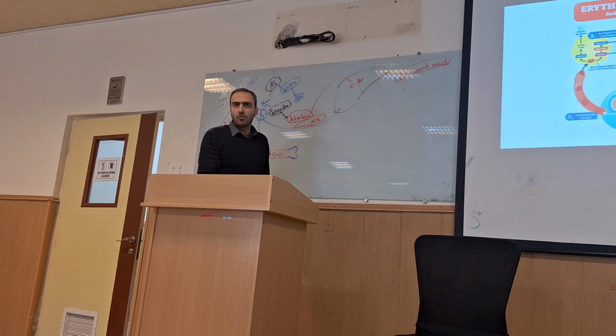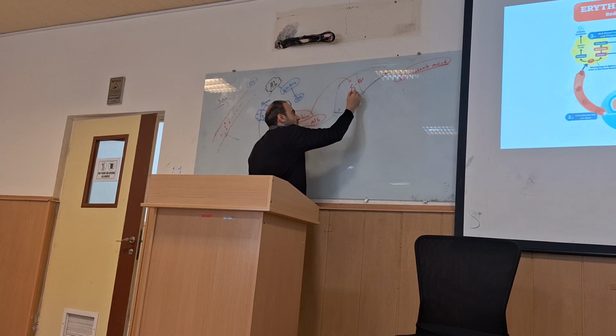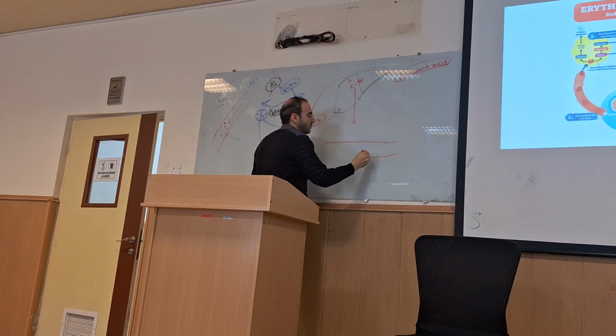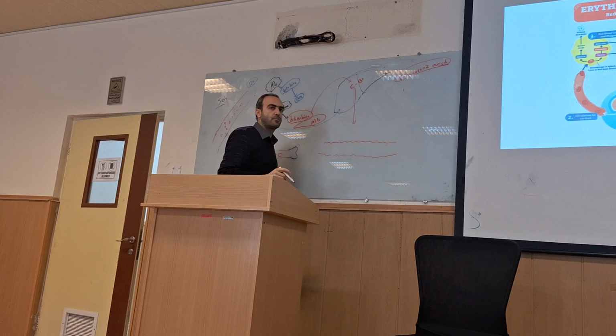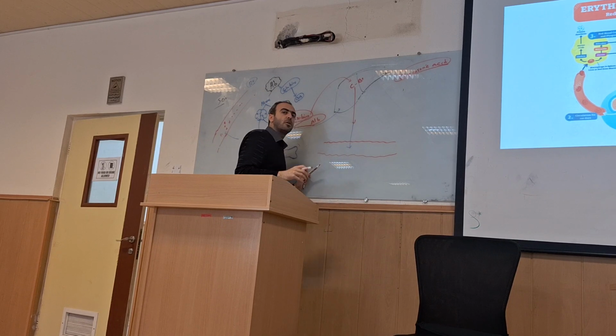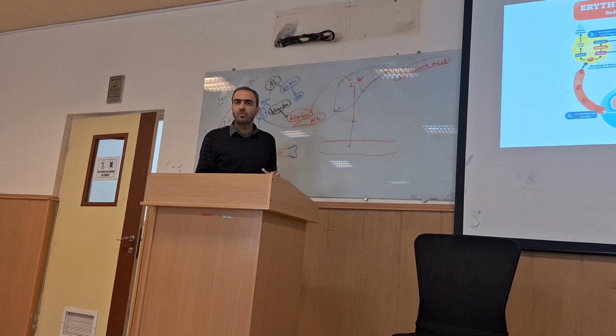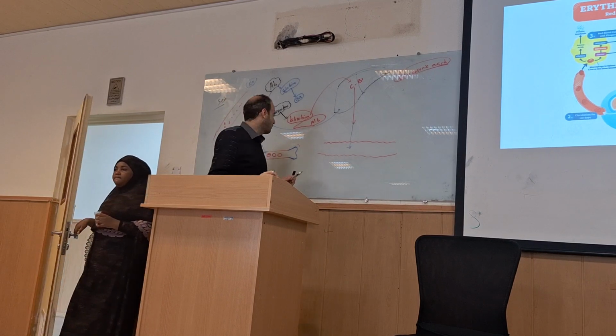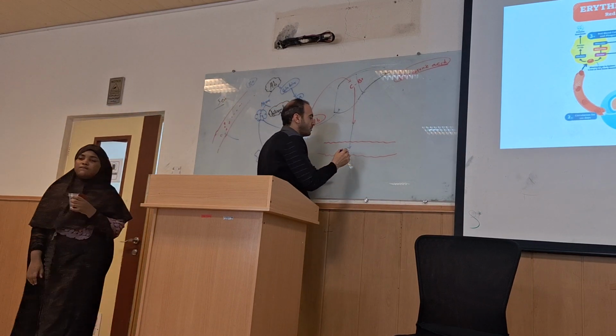This conjugated bilirubin is somehow water soluble and is then sent to the intestine. In the intestine, the glucuronic acid is removed from bilirubin by bacteria and converted to urobilinogen.